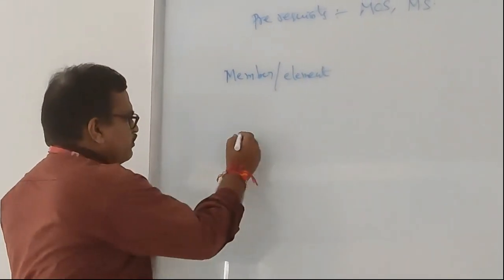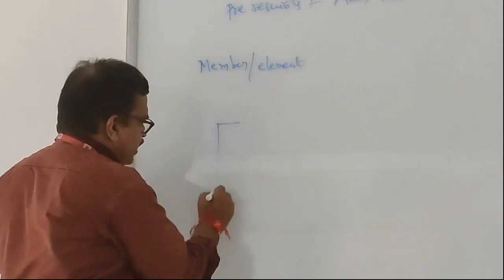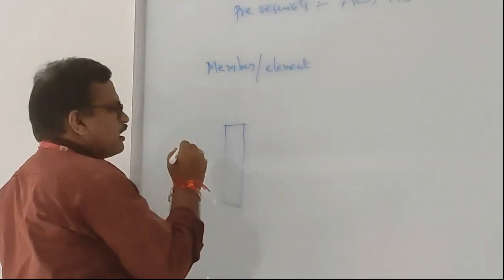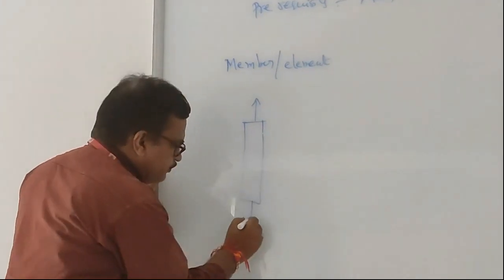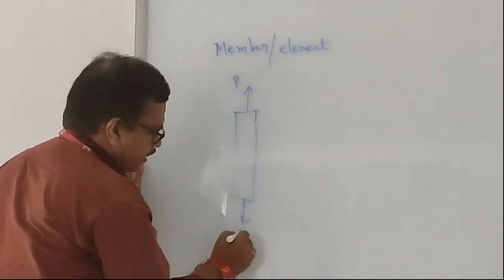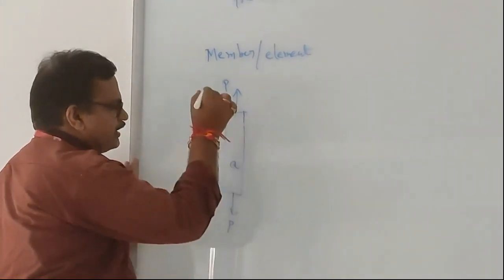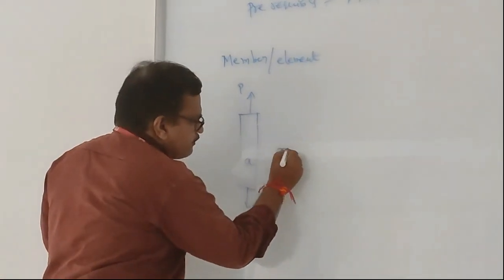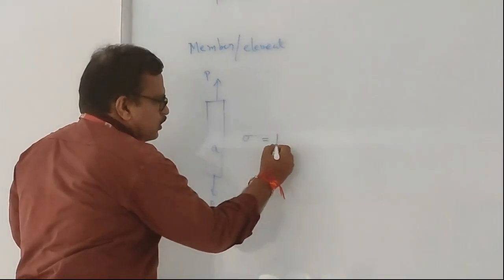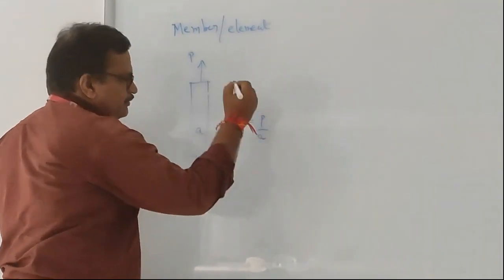Suppose we have taken a bar. This bar is subjected to a pull P and its cross-sectional area is small a, then the stress developed in the member is equal to load upon the area.